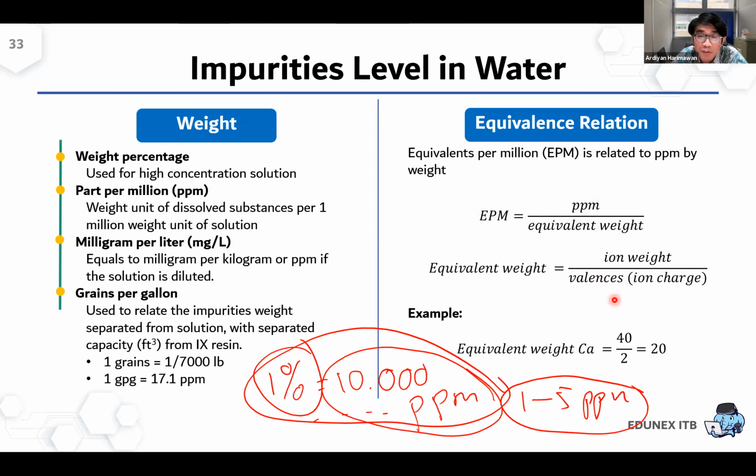Valencies, I think you still remember, right? The ion charge of the compound. So for calcium, the molecular weight is 40, the valency is 2, and the equivalent weight is 20. Then the EPM will depend on the concentration of the calcium.